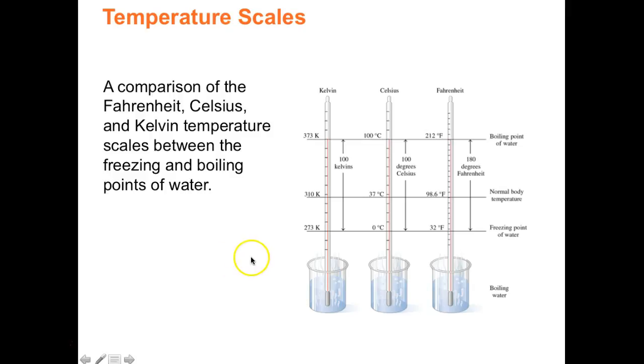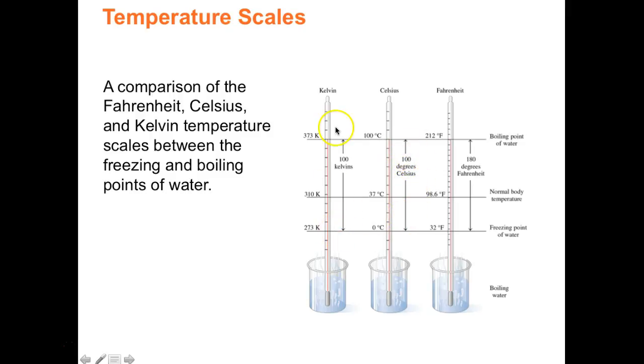Among the temperature scales, you're seeing a good pictorial that shows the different scales with respect to the freezing point of water, also called the melting point. That's 0 degrees centigrade, the equivalent is 273 K, and 32 degrees Fahrenheit. From 0 to 100, that's 100 units of difference.